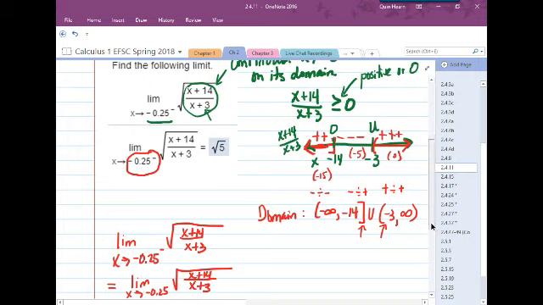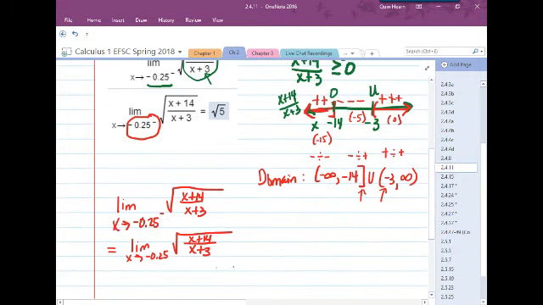Remember, in order for the overall limit to exist, these must be the same, and I know it's going to exist because it's on the interior of the interval. So all you have to do is plug in. So that's going to be the square root of (-0.25 plus 14) over (-0.25 plus 3).